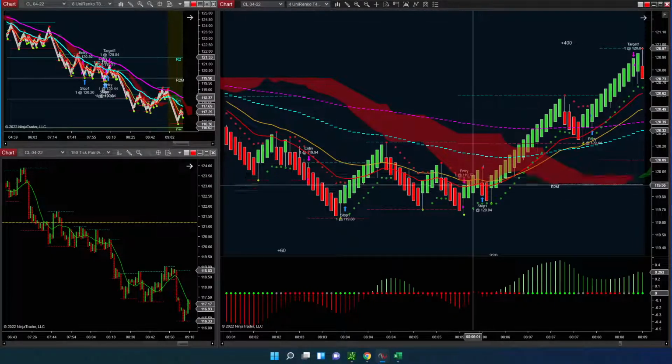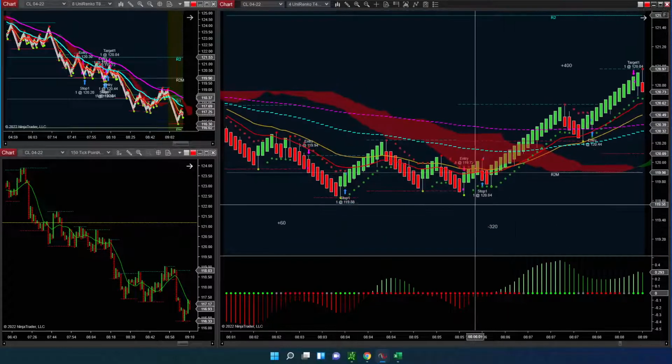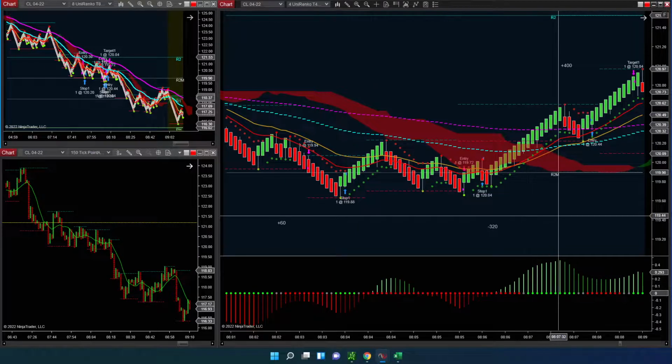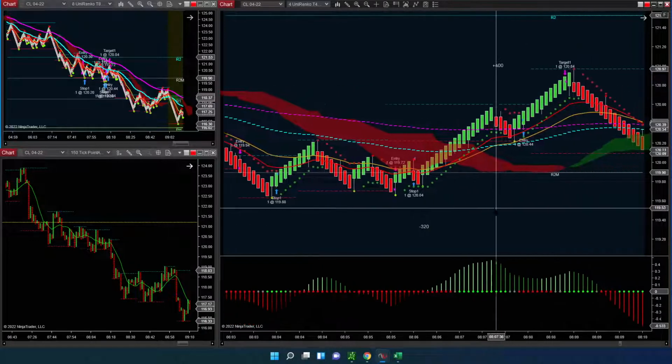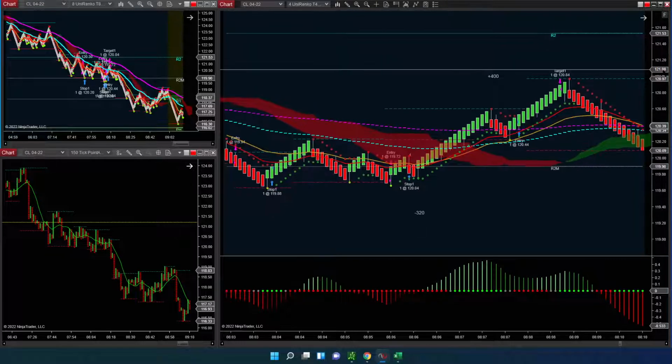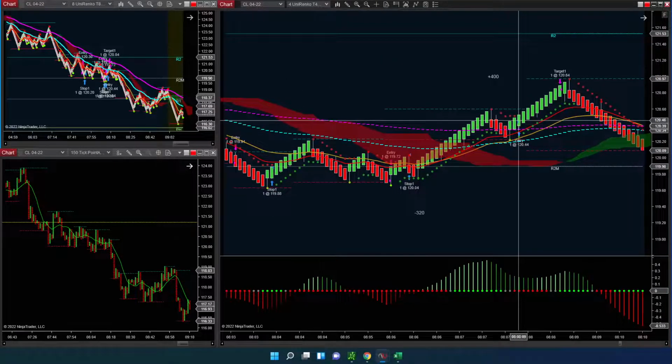So that trade there is a $320 loss. So I have the 60 and I have the 320. So by now I am $160 in loss in crude, and this is the last trade for $400.